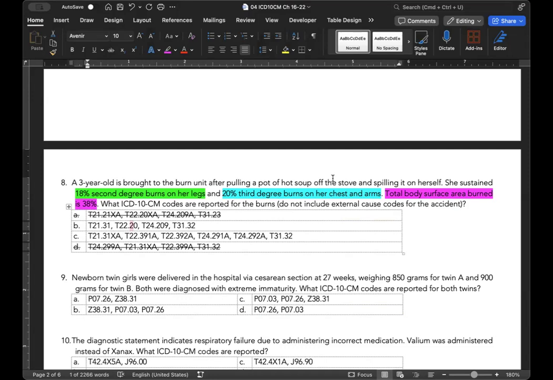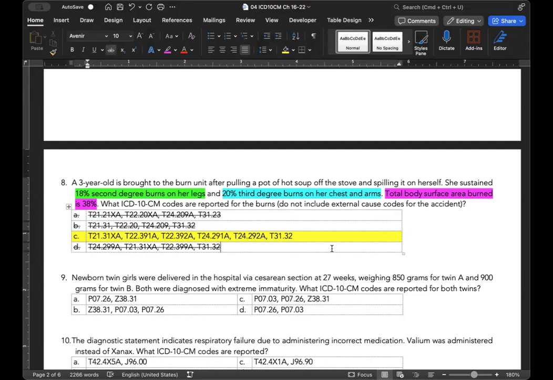One on the arms, one on the chest. Our second code in this one has a 2 in the fourth place, and a 3 in the third place. Guess what? We have our answer. Didn't even open the book.